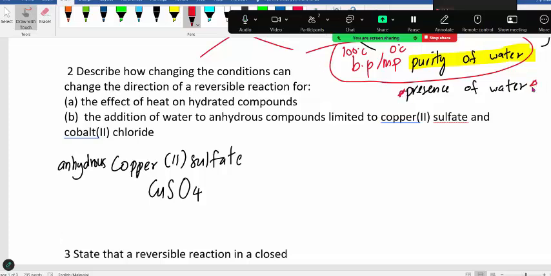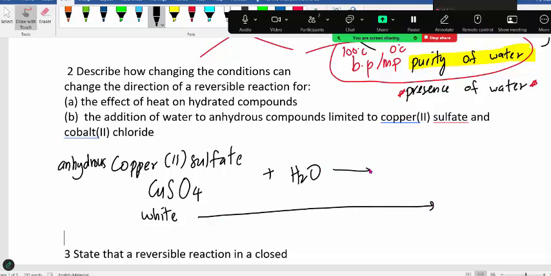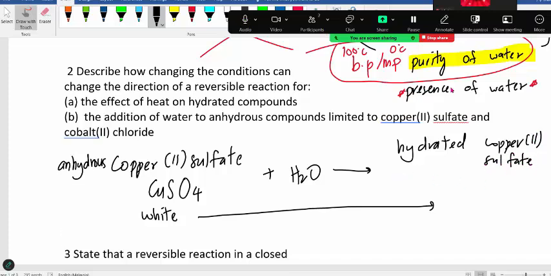Presence of water, we don't use that. For presence of water, we use anhydrous copper 2 sulfate and also anhydrous cobalt 2 chloride. So anhydrous copper 2 sulfate is a white colour powder. When you add water, it will become hydrated copper 2 sulfate, which is CuSO4.5H2O.